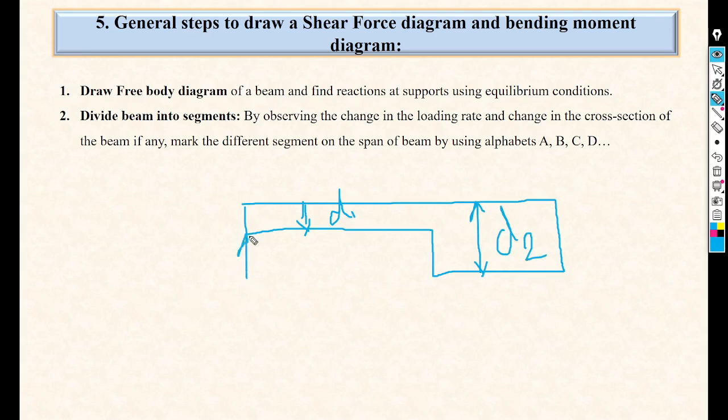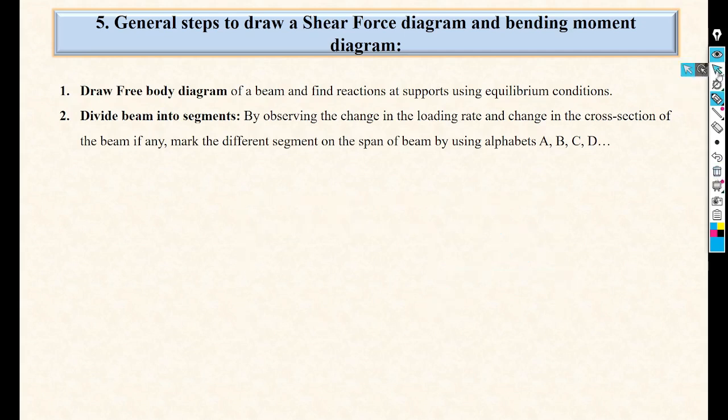So in such case, again we need to divide this beam in two segments, AB and BC, because at B point suddenly area or the depth of beam has changing. So in that case also we need to consider the different segment. Okay, so like A, B, C, D, on the basis of loading and on the basis of area, we need to divide the beam in the particular segment.